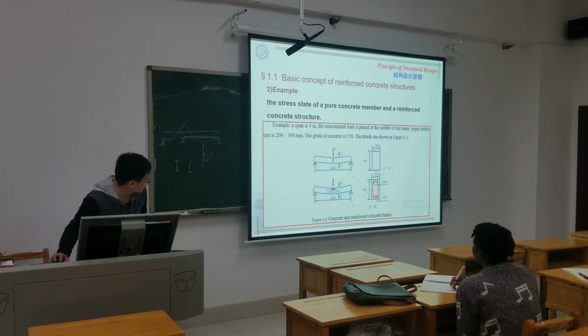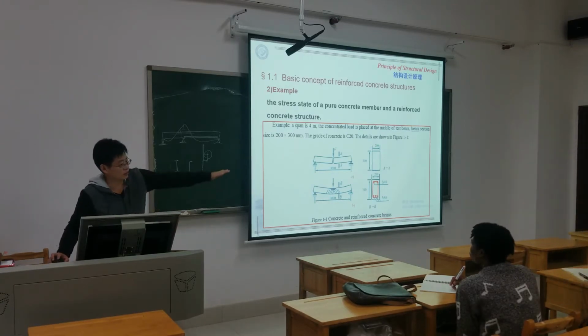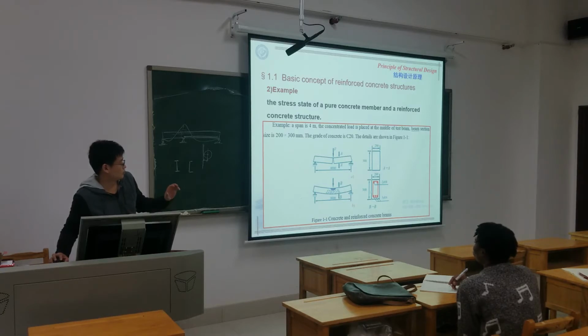And this red point is the main longitudinal steel bar. It's along this longitudinal direction. Those steel bars are put here mainly to resist the tensile force and the moment.